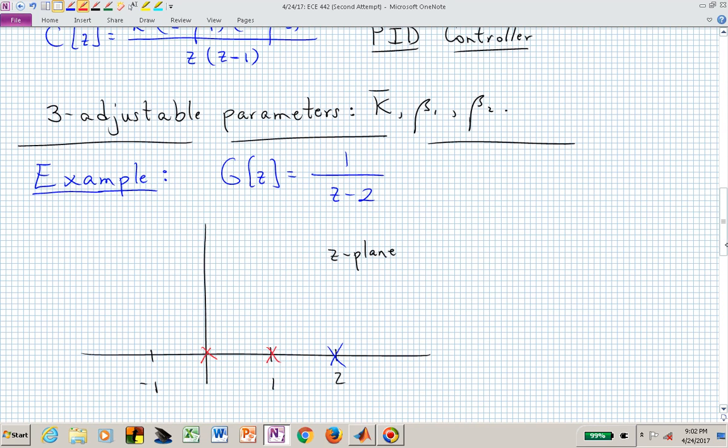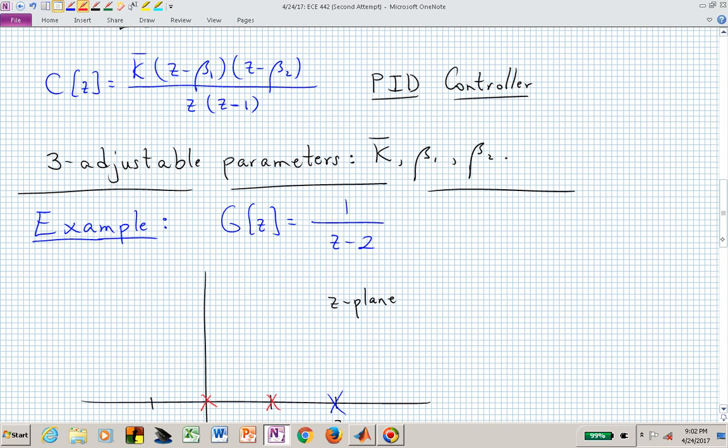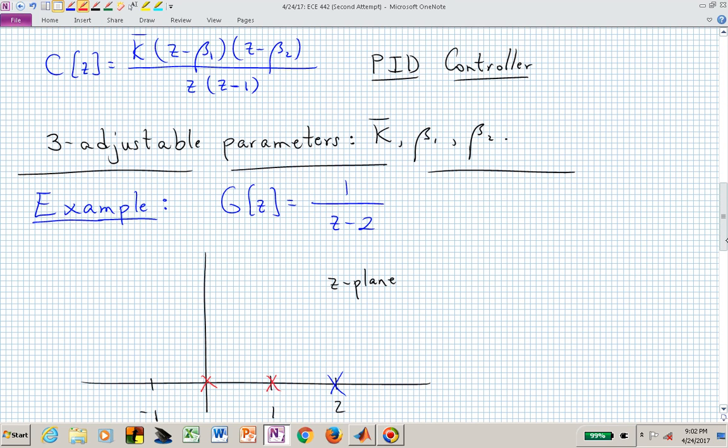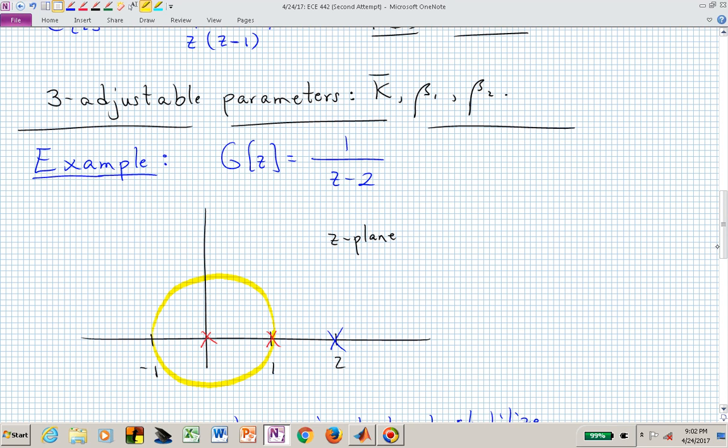What we don't know is where to locate our zeros, beta 1 and beta 2, and once we've picked those, how do we select the gain k? Well, we select the gain k to hopefully achieve all of our branches of the root locus, and in this case, we have 3 open loop poles, being the poles of G(z) and our controller C(z).